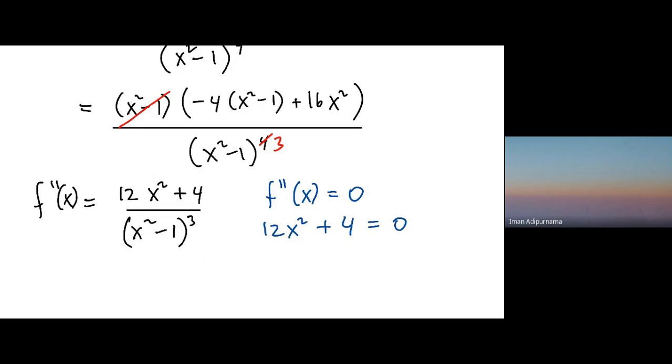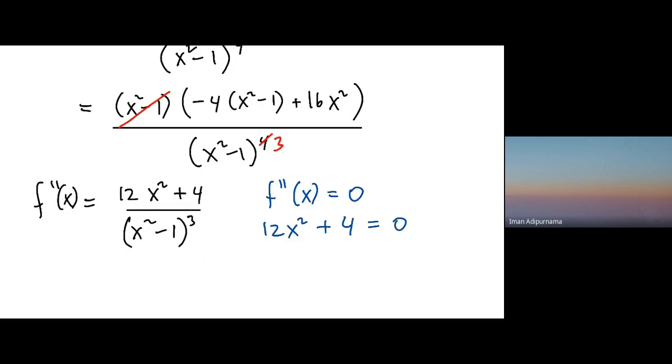So it means there is no value where f double prime is equal to 0. So probably there is no inflection point. But what we can do, instead of finding f double prime equal to 0, is find the intervals where it is concave upwards and concave downwards. That we can do.